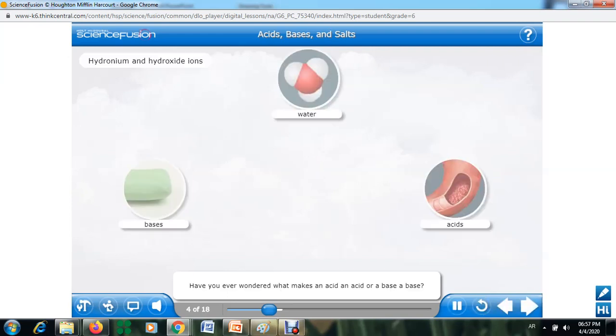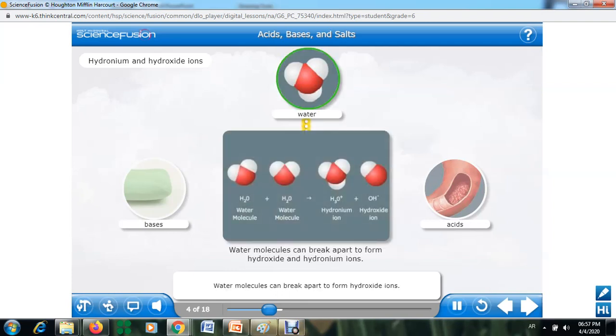Have you ever wondered what makes an acid or a base a base? Acids and bases change the concentration of hydronium ions or hydroxide ions in water. Click the images to learn more. Water molecules can break apart to form hydroxide ions. The free hydrogen ions that are left combine with other water molecules to form hydronium ions. A small amount of hydroxide and hydronium ions exists in pure water.